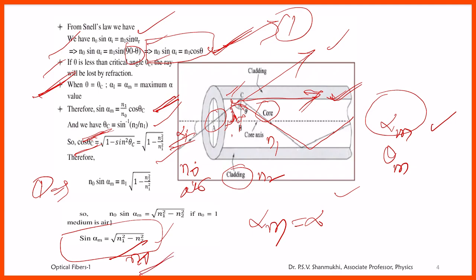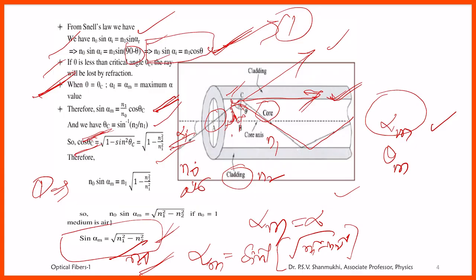In any other medium, you have to take the N naught value. So this is the expression for the acceptance angle: alpha m is equal to sin inverse of root N1 square minus N2 square, where N naught is equal to 1. This is the expression for the acceptance angle of an optical fiber.